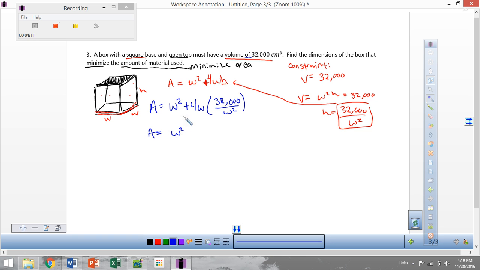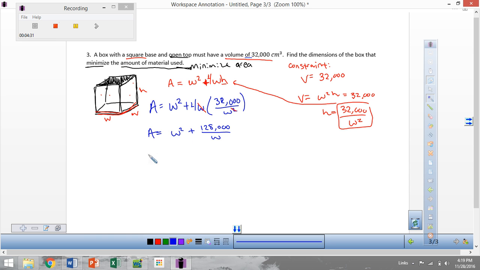Obviously I can't really do anything with that W squared. What I can do here is I can do 4 times 32,000, and I can get rid of this W and one of those on bottom, and so that's going to become W squared plus 4 times 32,000, which would be 128,000 over W.